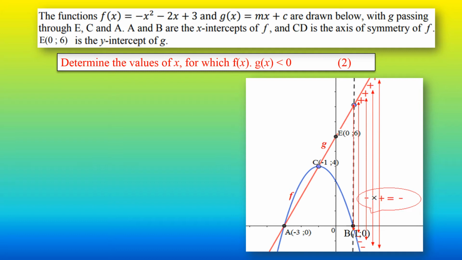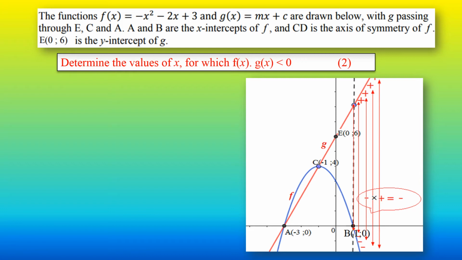So f of x times g of x will be negative times negative, which is going to be positive. We are not going to get negative there. So we continue from there. Above the x-axis, both f and g are positive, until the point B. Positive times positive will be positive. So no use. We come to point B.